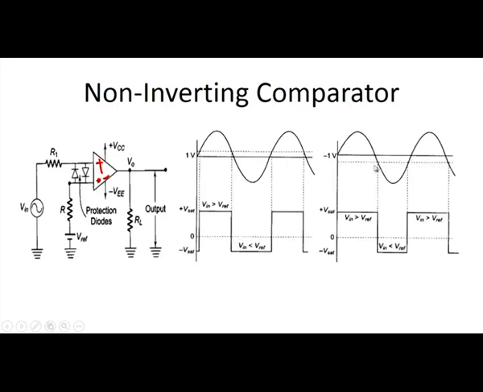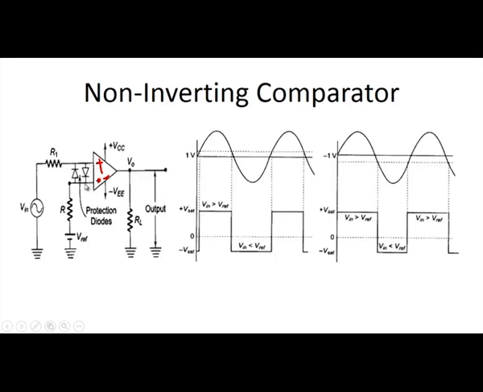For a negative V reference value, say minus 1 volt, the V reference is always given to the negative terminal. Whenever the input voltage is higher than the reference voltage, the output voltage will be a positive saturation. Whenever V reference is higher than the input voltage, the output will have a negative saturation. So, if the voltage at the positive terminal is higher, you get a positive V saturation.